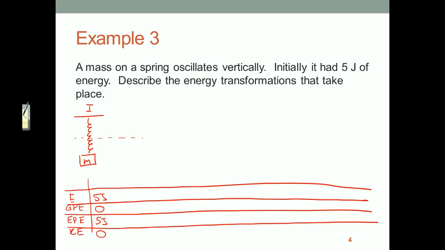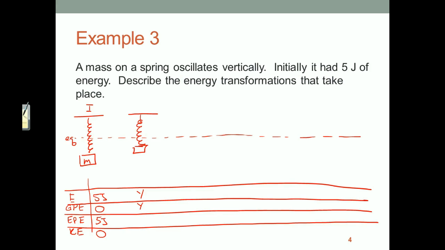As I did on the last slide, I'm going to define the equilibrium position. Let's put it there, just as a reference. So we release it, it starts moving upward. At this point, it still has elastic potential because we are slightly stretched.